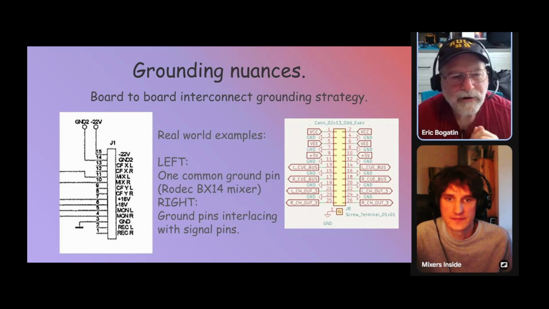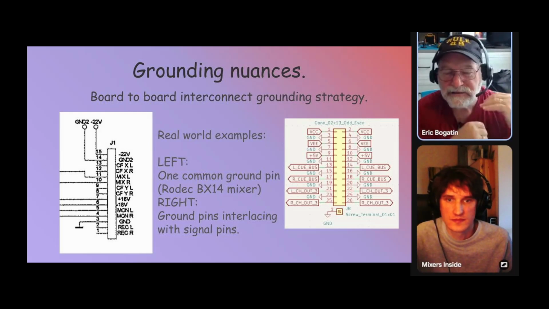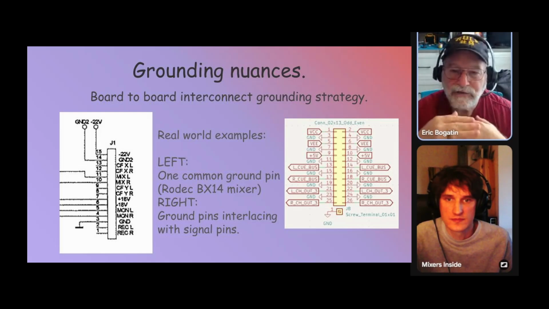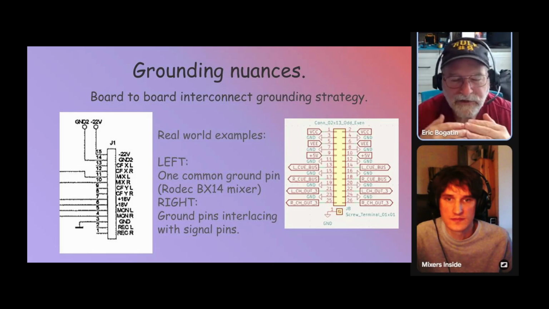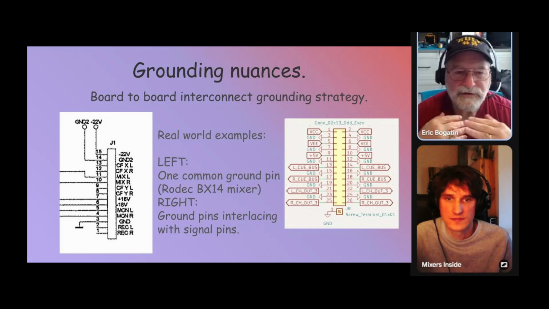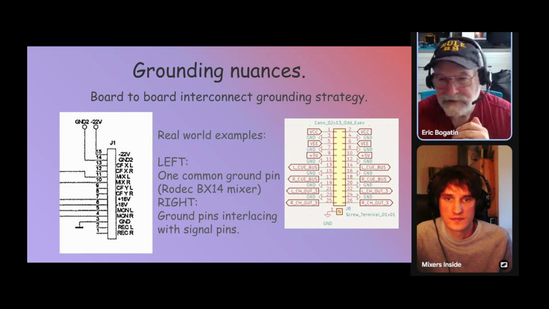I show in the webinar exactly these two cases, where you have one return and 6 IOs switching, and where you have every other connection as a return with the 6 IOs switching. The crosstalk, due to the interleaving of the grounds, is reduced by almost 2 orders of magnitude compared to the case on the left.